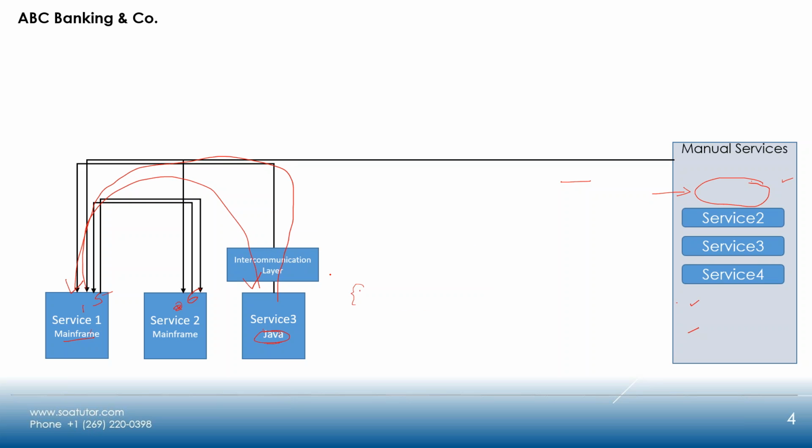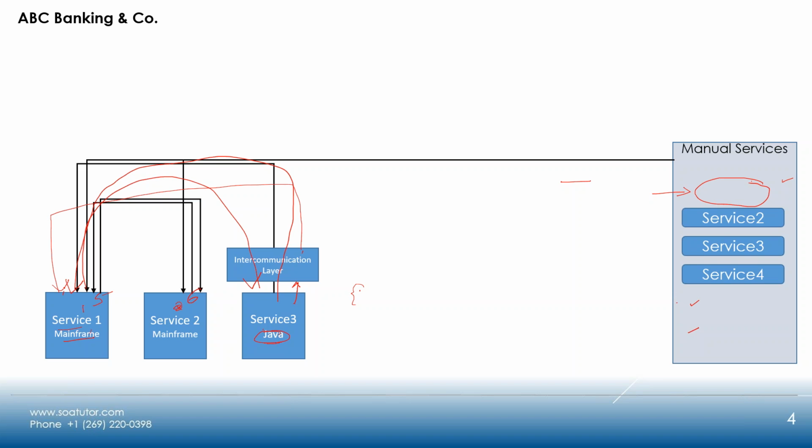Okay, let's represent the communication layer as a box here. This communication layer would be another software component which transforms the protocols between Java and mainframe. Whenever service 3 wants to talk to service 1, service 3 creates a request, and then the intercommunication layer, or the transformation layer, converts it into a protocol that is understandable by the mainframe, and sends it over to service 1.